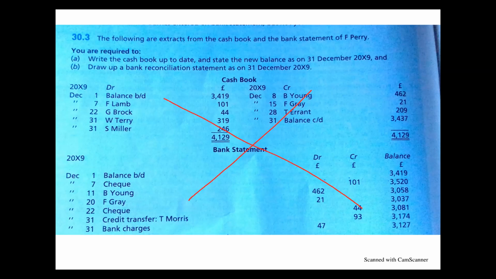The balance brought down, we can start with the credit side if you want. Analyzing, we have got 642 from this one. We also have 642 here, right? Are we following?